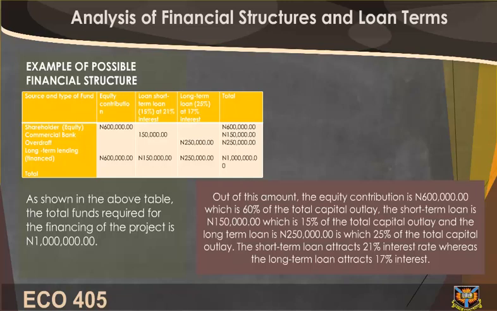The short-term loan is 150,000 naira, which is 15% of the total capital outlay, and the long-term loan is 250,000 naira, which is 25% of the total capital outlay. The short-term loan attracts 21% interest, whereas the long-term loan attracts 17% interest.